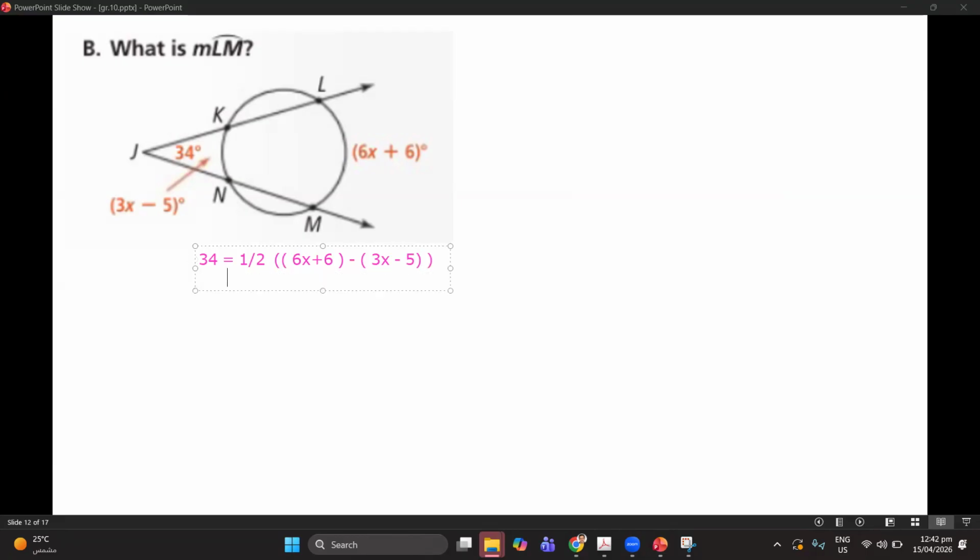Now multiply by 2 on both sides. So what do you get here? 68 equals 6x plus 6 minus 3x. I will distribute the minus, so plus 5. Then 68 equals 6x minus 3x, which is 3x, plus 6 plus 5, which is plus 11.